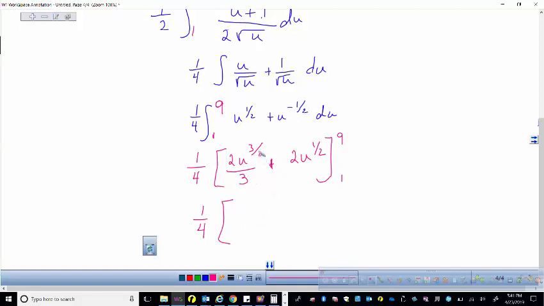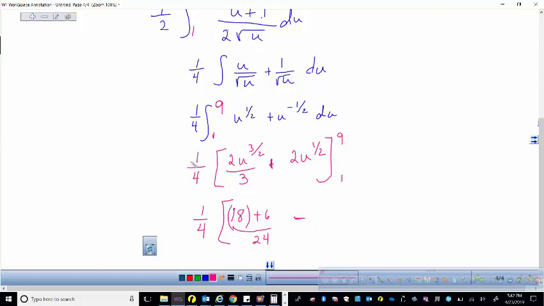So 9 to the 3/2, so that's the square root of 9 is 3, cubed is 27, times 2 is 54, over 3, which is 18, plus square root of 9 is 3, times 2 is 6. So this piece gives me 24.